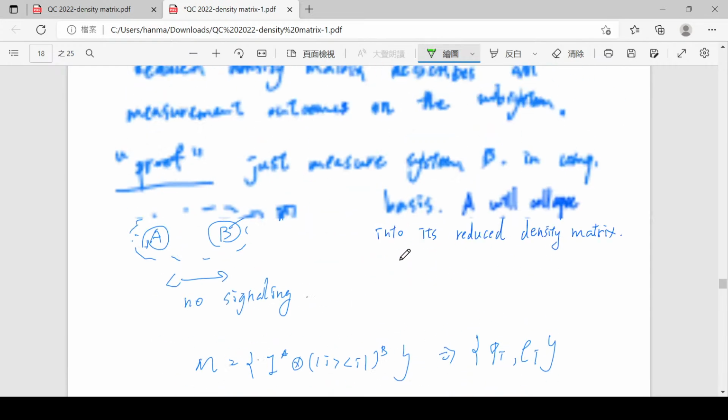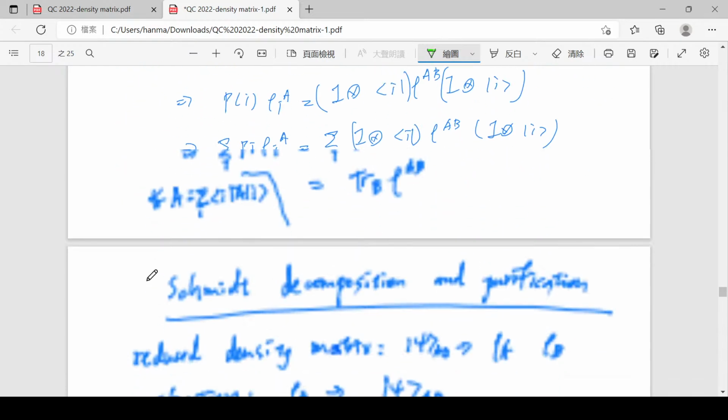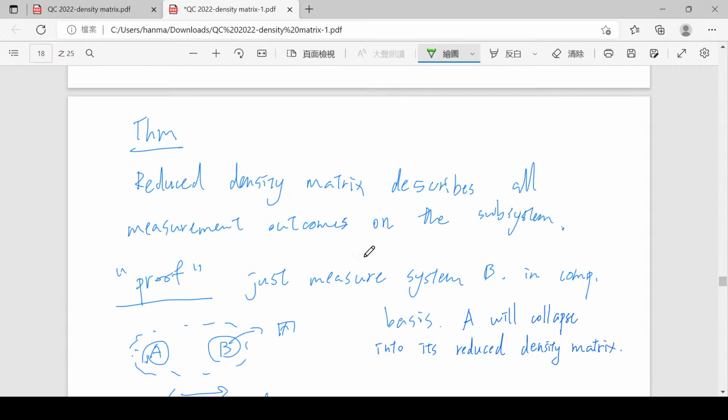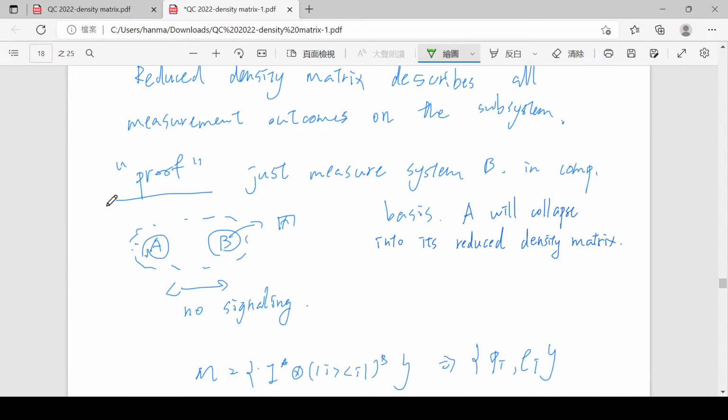So we probably don't have the time to prove this, but we can have a really brief description. So reduced density matrix, we want to say it describes everything about a subsystem.